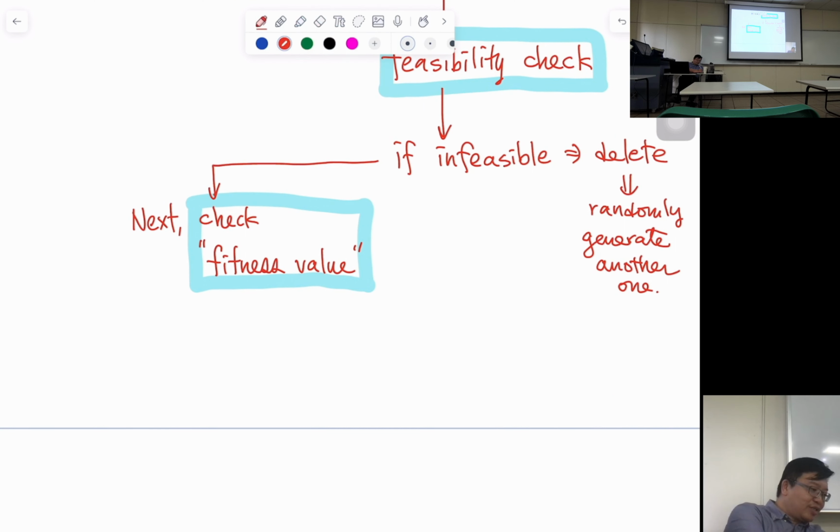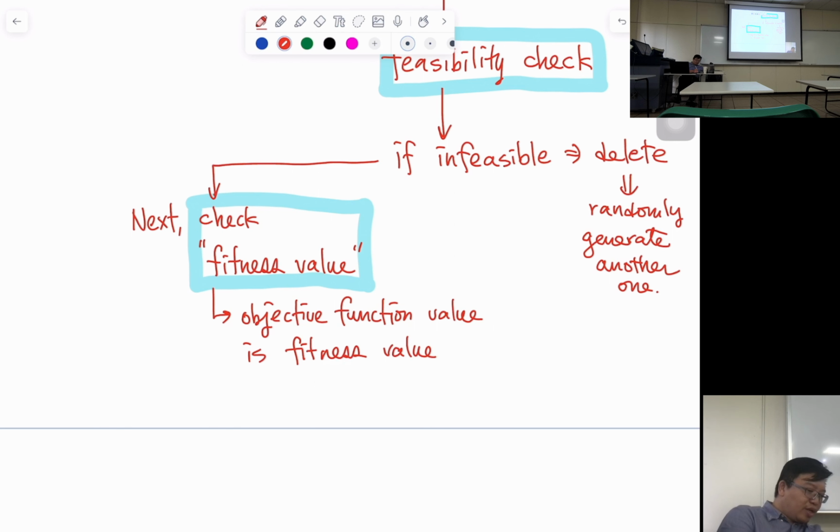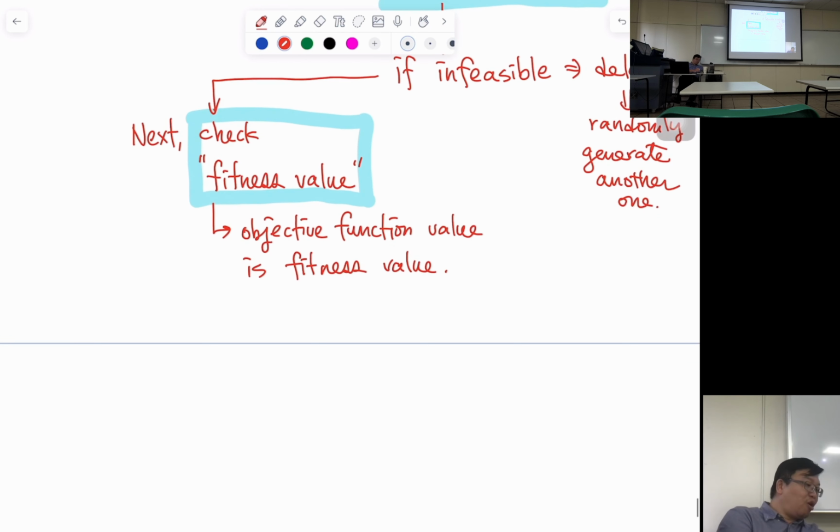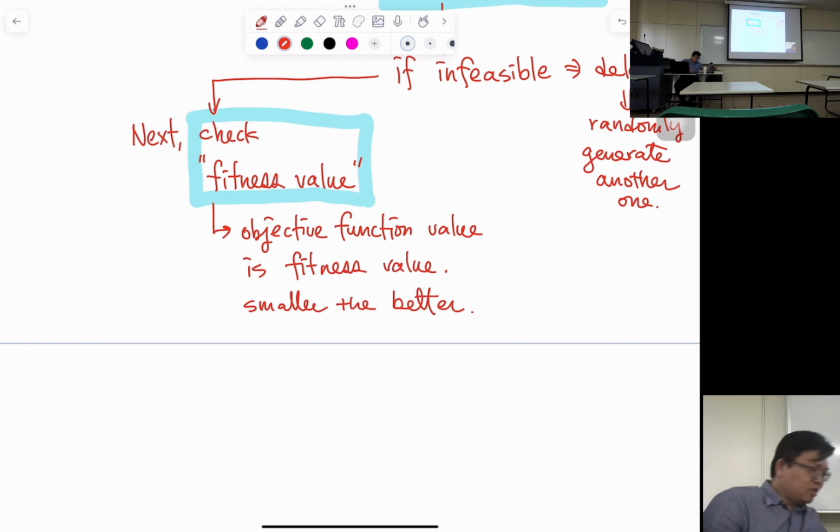In my case, my objective function value is the fitness value. And in this particular example, smaller is better. Does fitness have to be larger the better or smaller the better? It really depends on how you program the code. In my case, I can treat it as smaller the better.